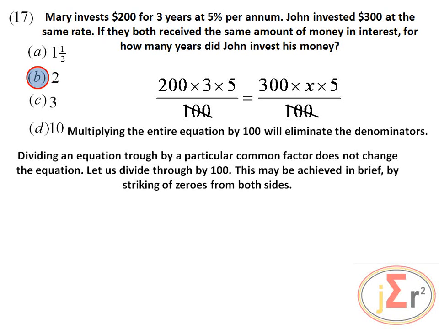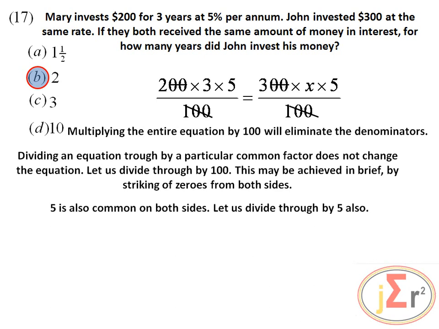Now let us divide through by 100. This may be achieved in brief by striking off zeros from both sides. Should say the number of zeros, 2 zeros each from the different sides of the equation.